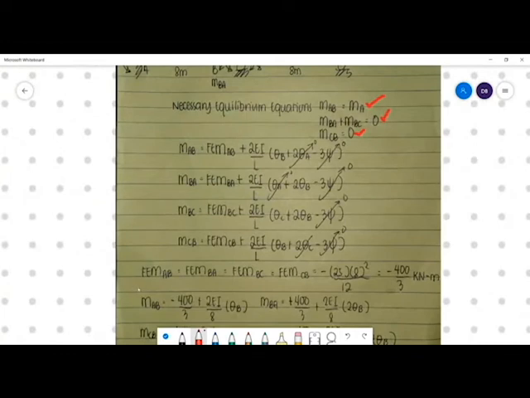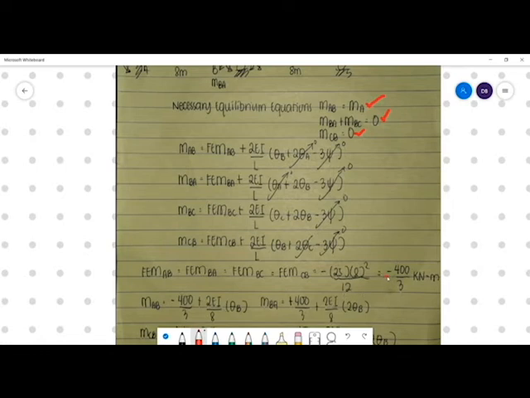Now we determine our fixed end moments. FEMAB is just the same as FEMBA, FEMBC, and FEMCB, equal to WL squared over 12. The formulas for fixed end moment are written on the table that I have provided for you. And that is equal to negative 25 times 8 squared over 12, which is negative 400 over 3.